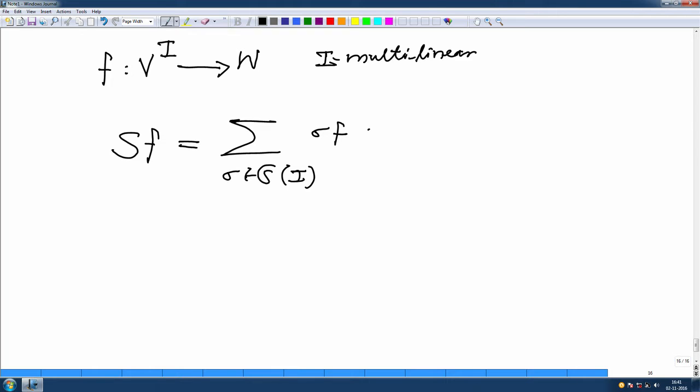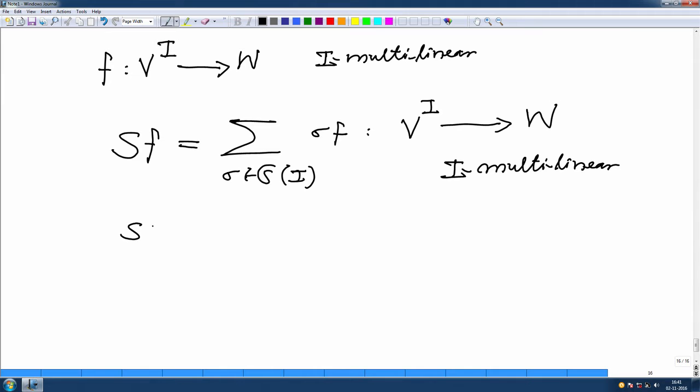This is again a multilinear map from V^I to W. I multilinear is obvious because the sum of multilinear maps is multilinear. And the same proof which we have checked will make S f symmetric, I multilinear.